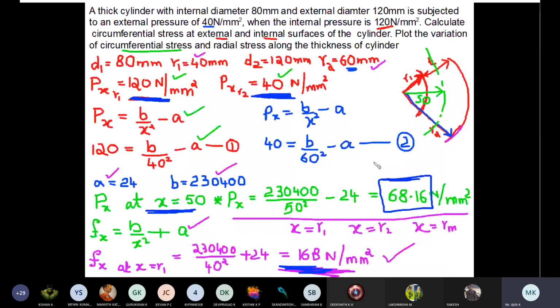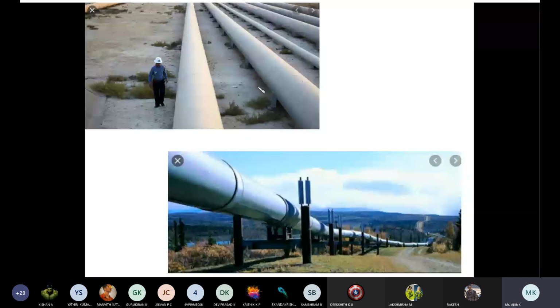So in case of any pipelines, say suppose some earthquake happens, there is no visible damage to these pipelines. Even then, they will pass one camera inside these pipelines to inspect whether there is any internal crack, because the possibility of an internal crack will be more compared to an external crack.